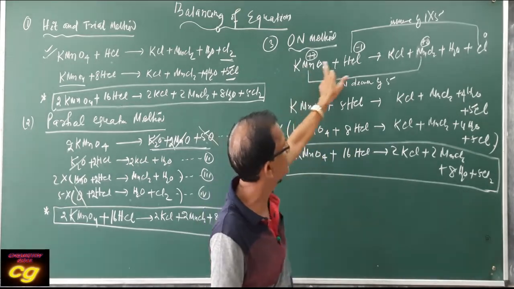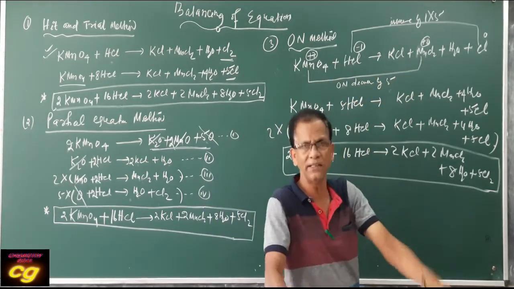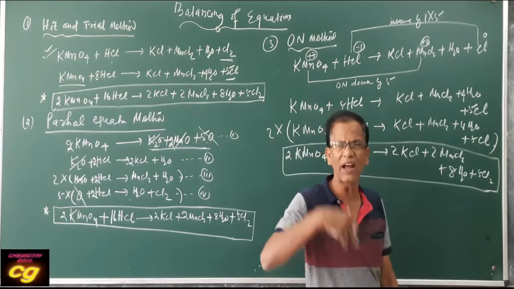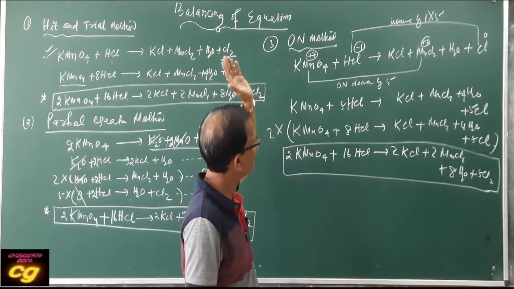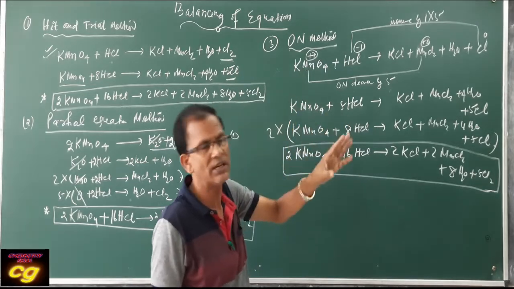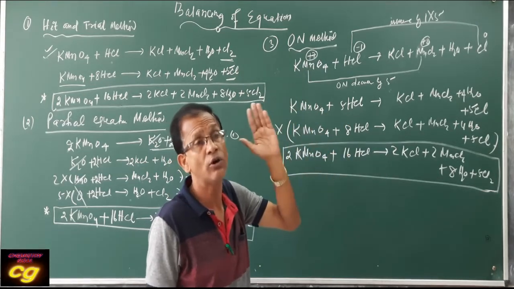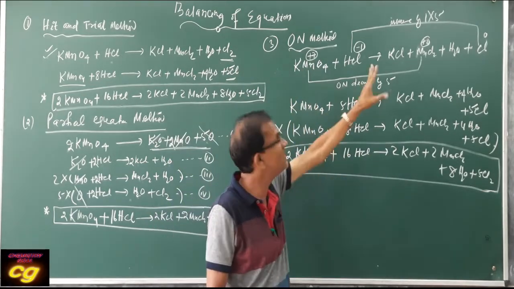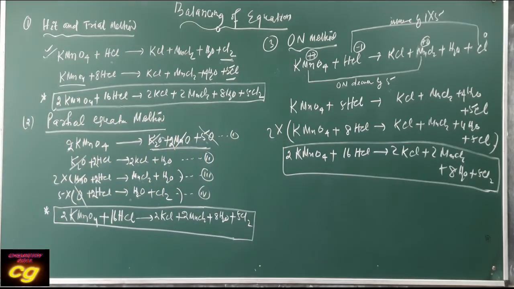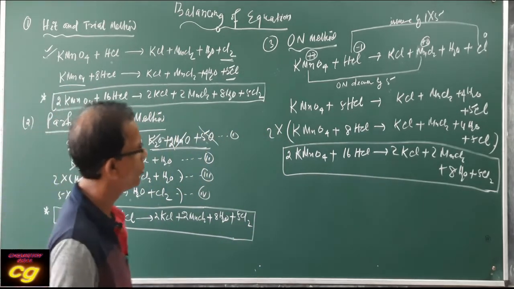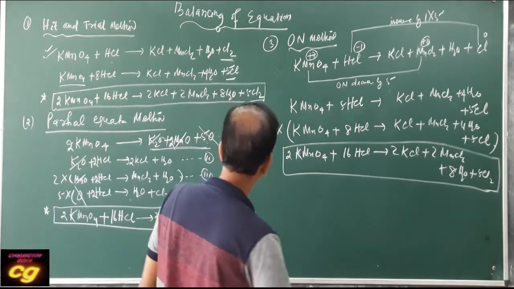Here manganese +7, you have to think like this. It is not necessary to write the oxidation number of every element, that is wastage of time. You have to think for which atom oxidation number will be changed. So this is your important, that is third method, oxidation number method.